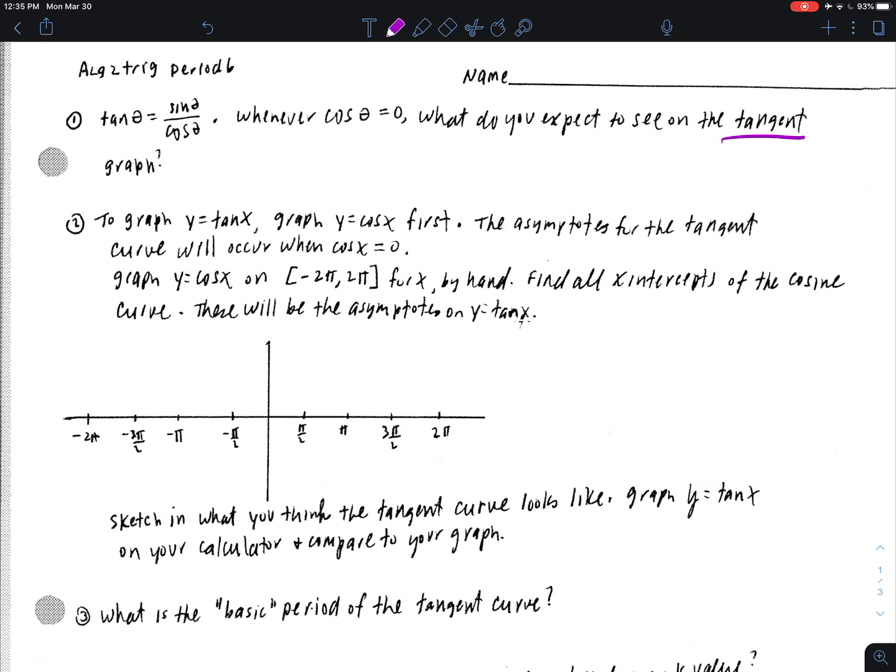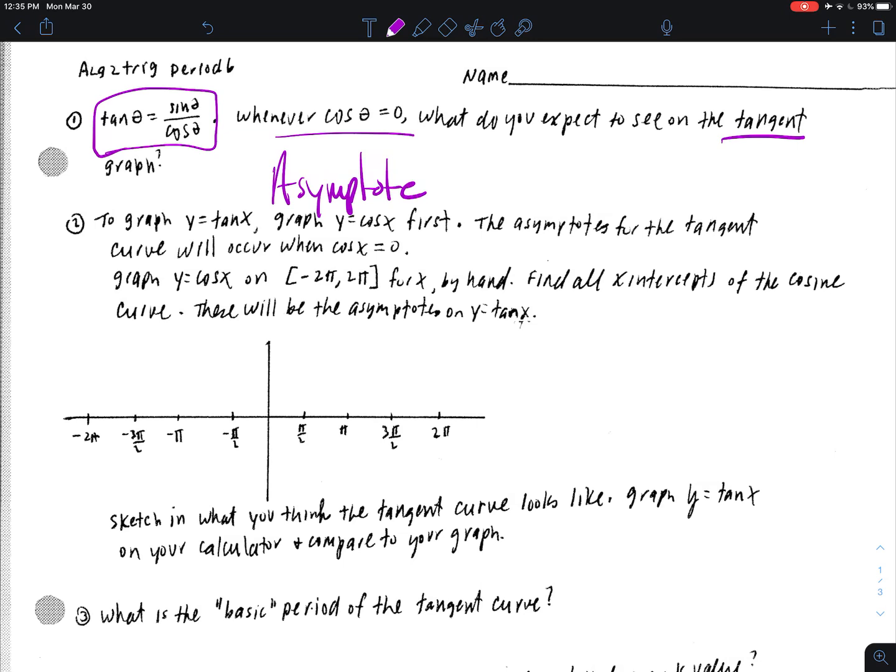But if you think of tangent using our quotient identity as sine over cosine, then whenever cosine of theta equals 0, you're going to be dividing by 0, which is going to result in an asymptote. So that's what you want to be thinking about when you're graphing tangent: where is cosine 0?